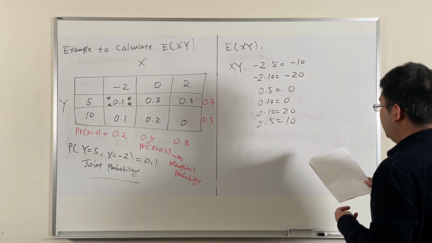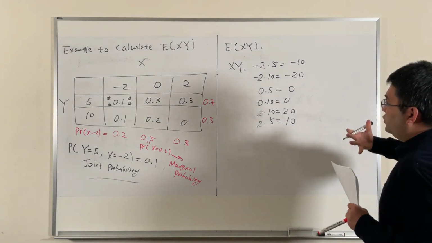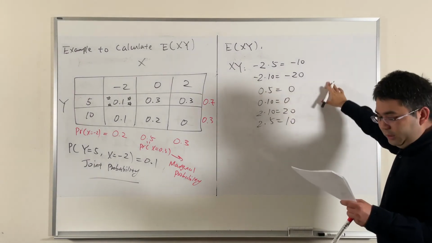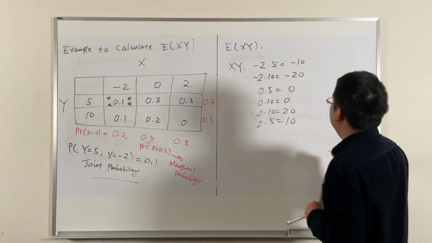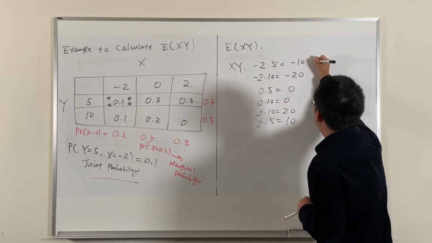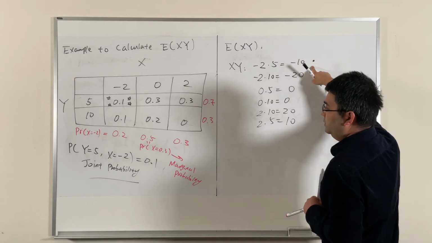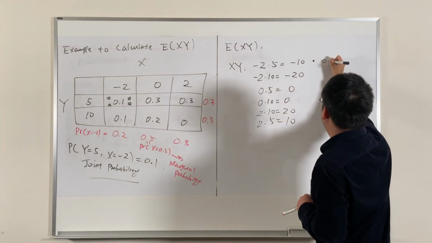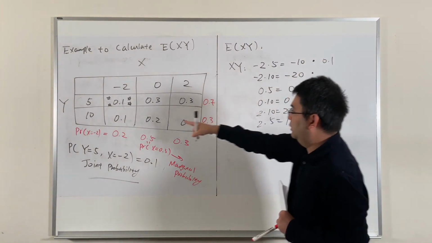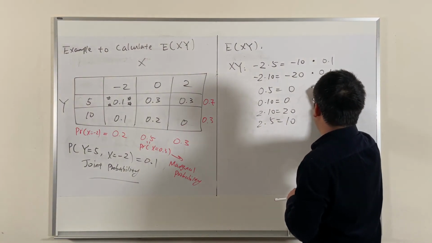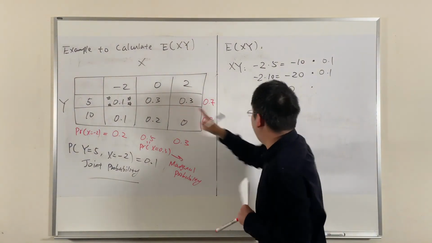The next thing we have to do is multiply by their joint probabilities, and then add them up. So the probability that this one happens is 0.1. This one is 0.1. This one is, I mean, 0.3.